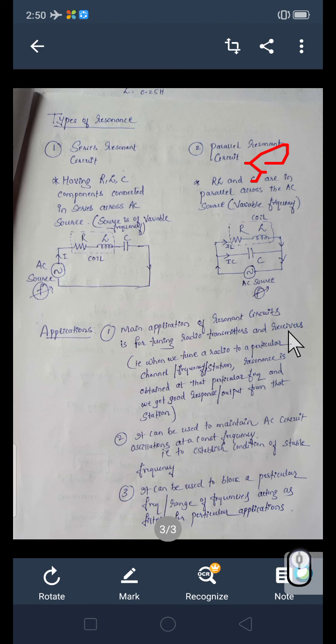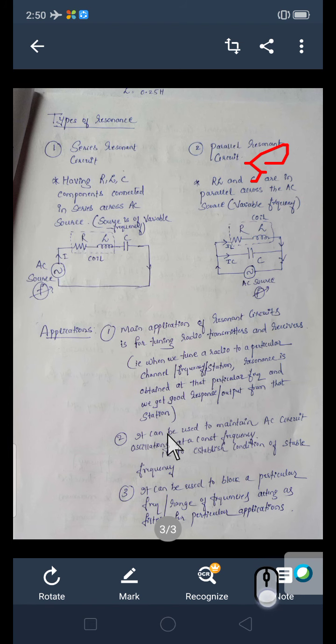Then it can be used to maintain the AC circuit oscillations at a constant frequency. This resonance circuit mainly depends on the frequency, that is, a particular frequency at which the circuit response is going to be maximum. So we can use this in an AC circuit to get constant frequency oscillations. Similarly, this can be used as a filter circuit.